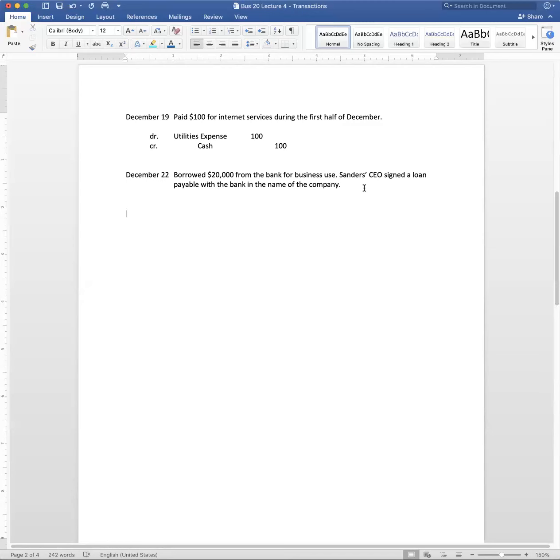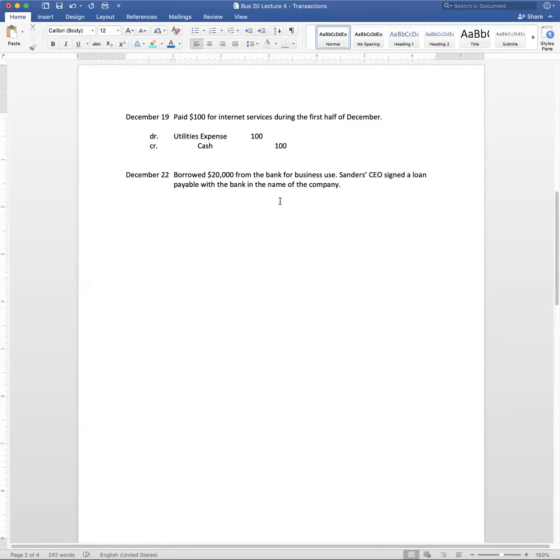However, in this case, it is for business use. And we know that partly because it says right in the front here, it's for business use. And secondly, he's signing in the name of the company, right? Companies are legal entities and they're separate entities for accounting purposes too, but they don't have hands, right?